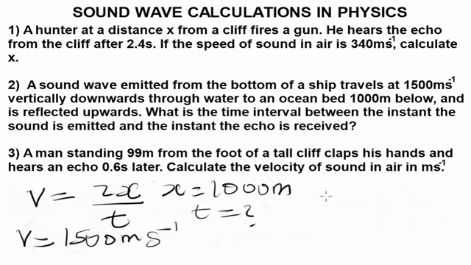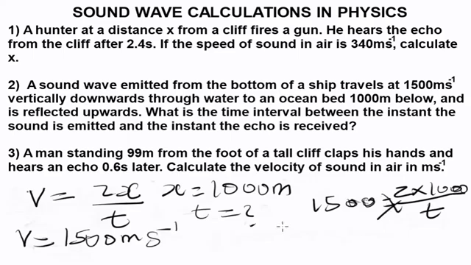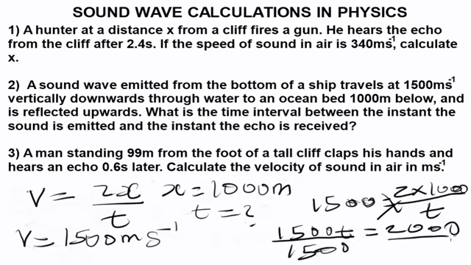We have 1,500 equals 2 times 1,000 over t. When you cross multiply, you have 1,500 t equals 2,000, since 2 times 1,000 gives us 2,000. To make t the subject of the formula, divide both sides by 1,500.